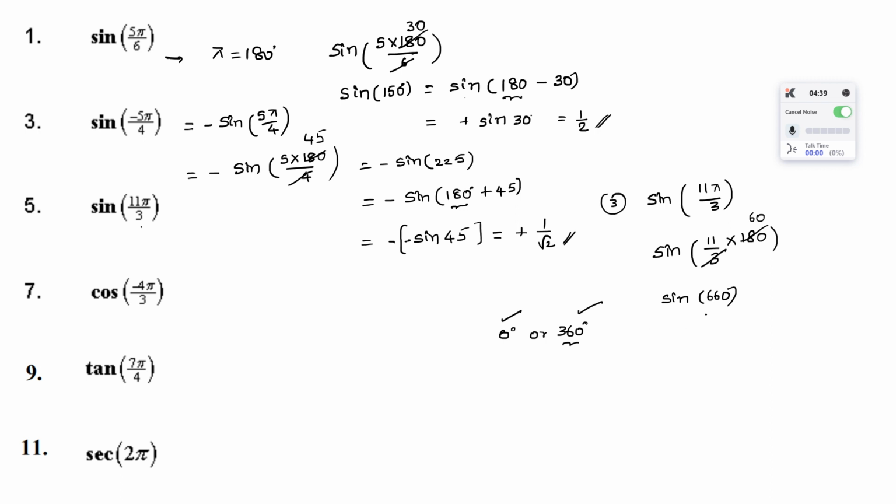So what I'll do is I'll write this 660 as 360 plus 300, right? And this 360 is nothing but 0 degrees.